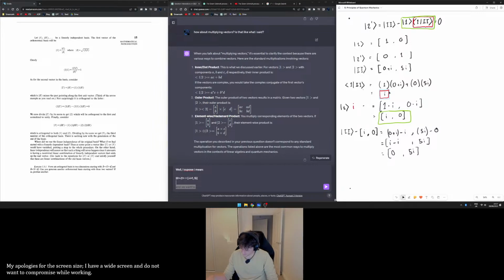So let's look at this. It's going to be 1 times i, and then 0 times i, which equals i, 0. Okay, so that is correct. And so the last part is the negation of i, 0.